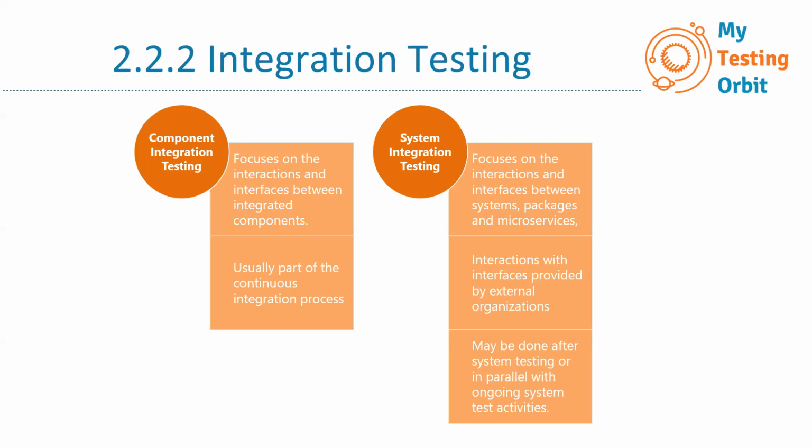So we are building something in our company, and then there's one portion of the software which is being developed by another company, and at some point we have to integrate it. So at that point also, we will do system integration testing.